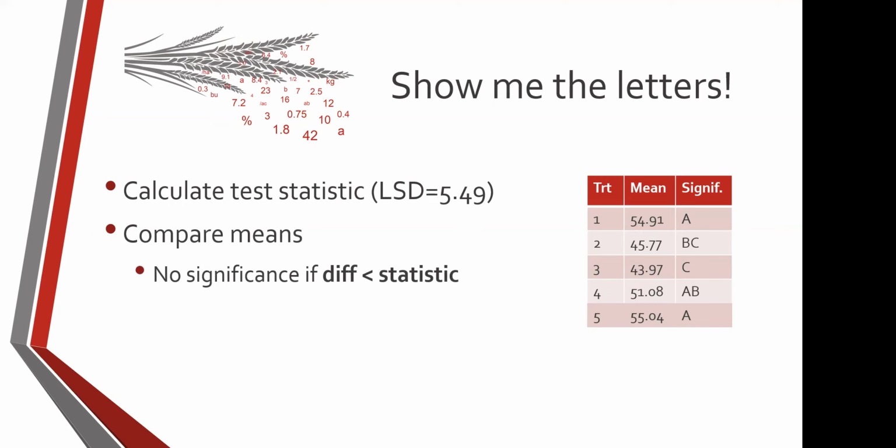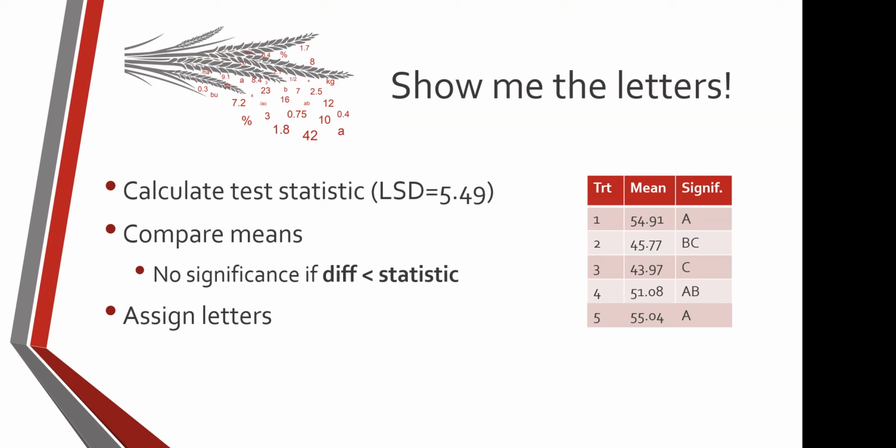Then we will compare the means using that statistic. If the two means do not differ by at least that LSD value, then they are not considered significantly different. Then letters are assigned such that the means with no letter in common are significantly different according to the test.